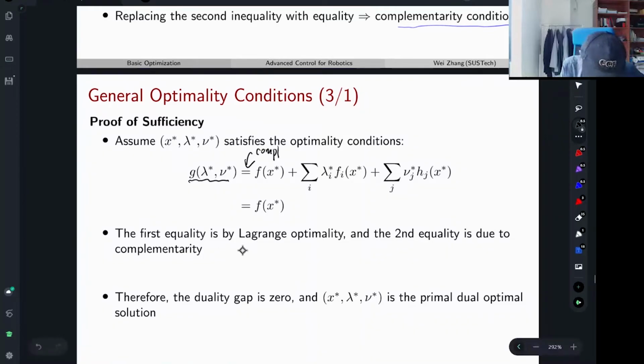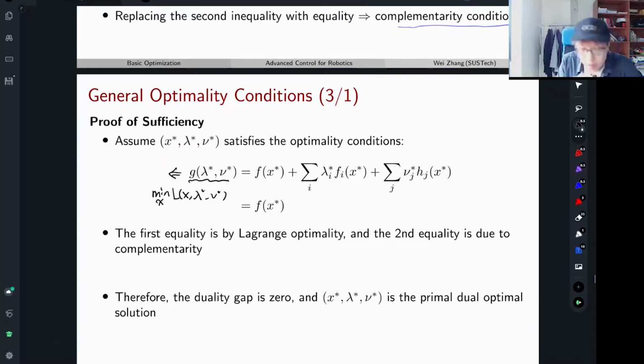Did I say that? Our first equality is Lagrangian optimality. Yes. This by definition is the min over x of the Lagrangian L of x, lambda star, nu star. Which is the Lagrangian optimality condition: x star is the optimizer of this, so I can plug in this point.